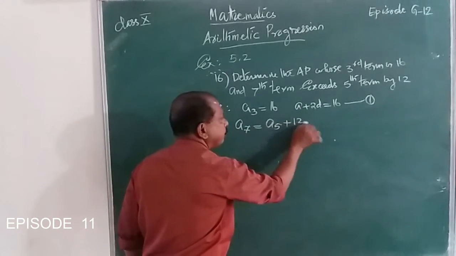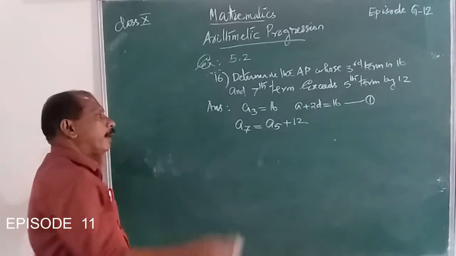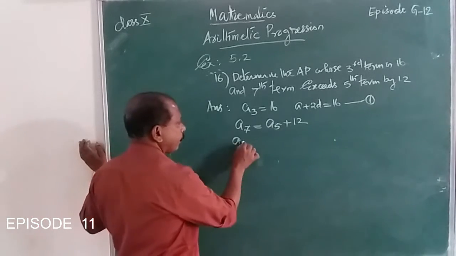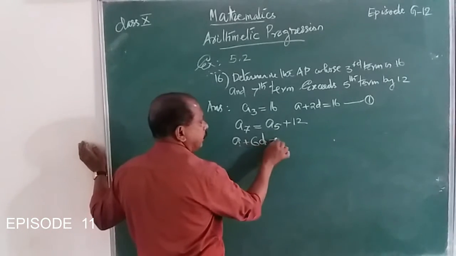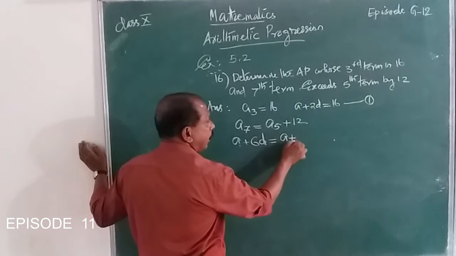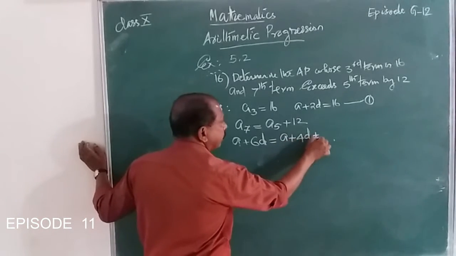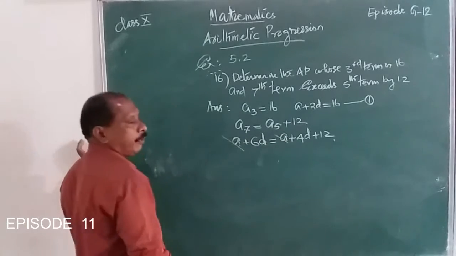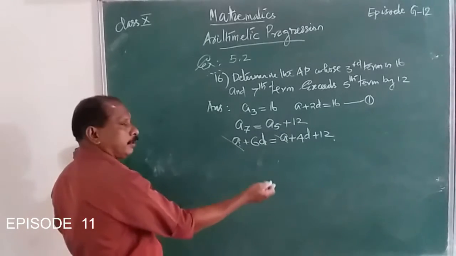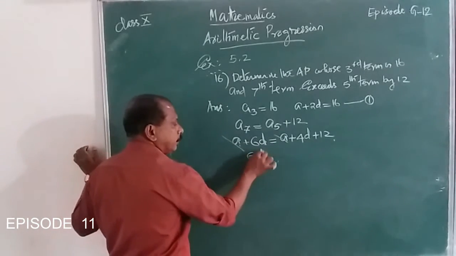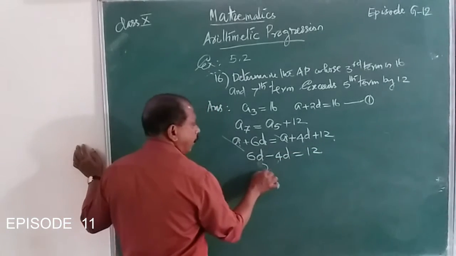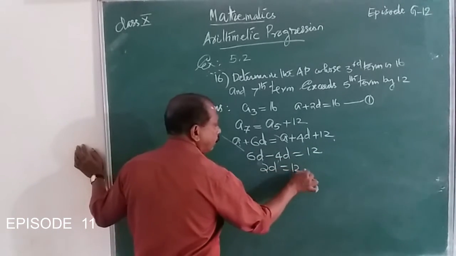What is A7? A plus 6D is equal to what is A5? A plus 4D plus 12. The two A's cancel from left and right, and 4D shifts to the left. Therefore 6D minus 4D is equal to 12, that is 2D is equal to 12.